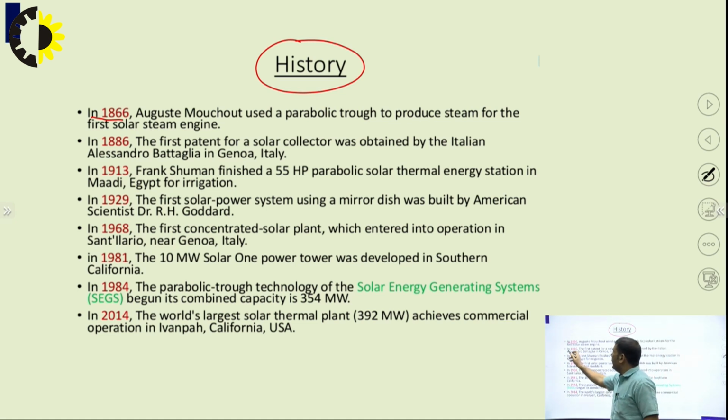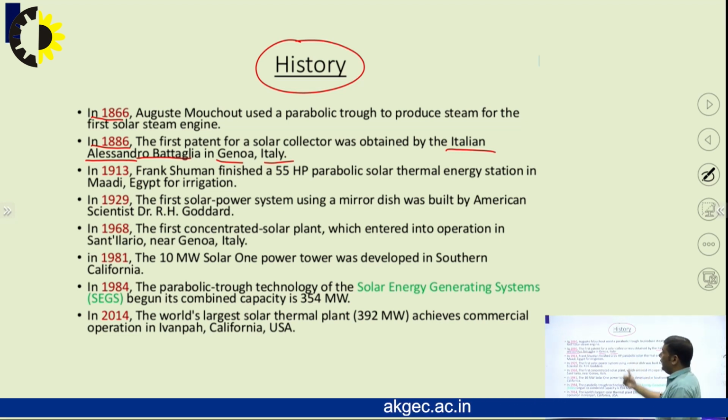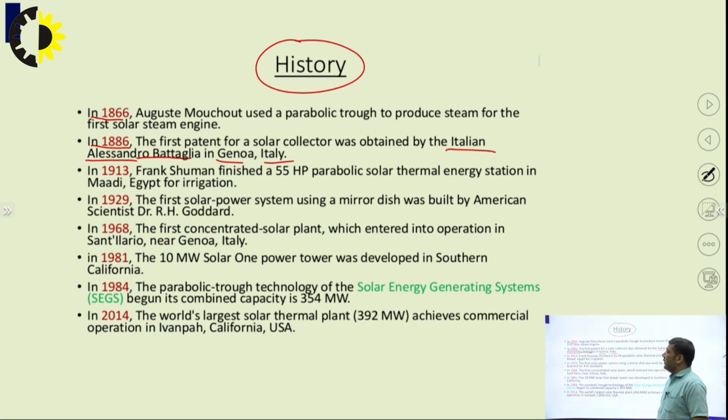In 1886, 20 years after that, the first patent for the solar collector was obtained by the Italian Alessandro Battaglia in Genoa, Italy. So Alessandro Battaglia applied for the patent 20 years after Auguste produced steam for the first solar engine.